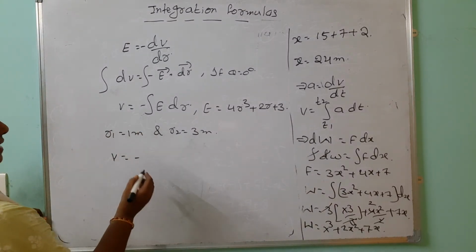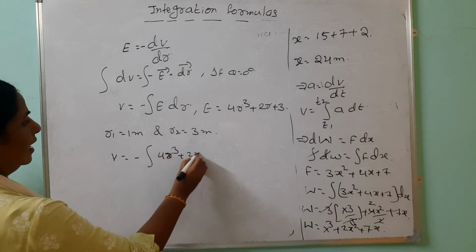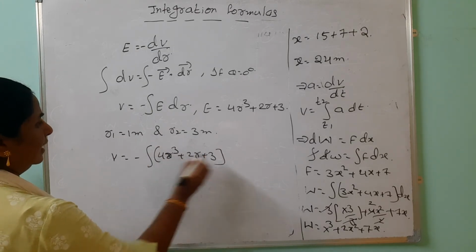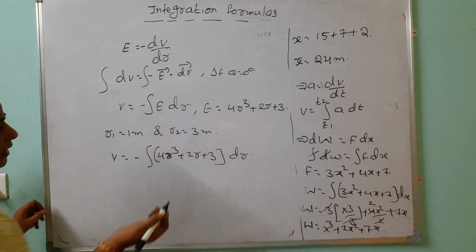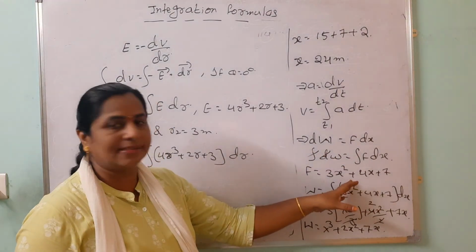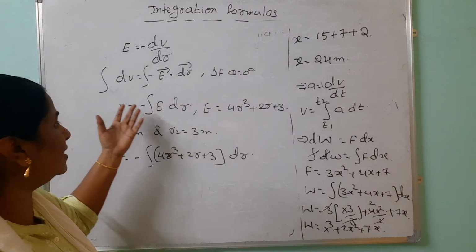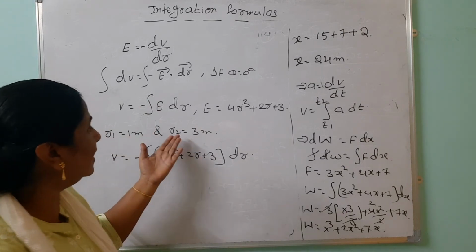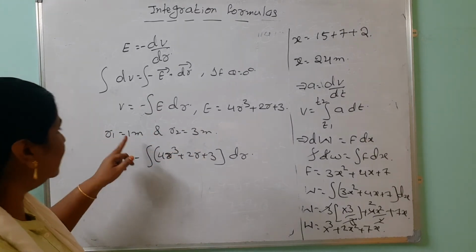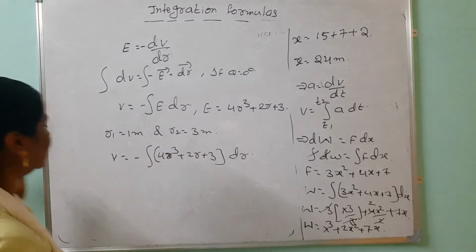We get minus, instead of E, 4r cube plus 2r plus 3 into dr. Same thing, but based on the situation: in terms of work done, the displacement was given. Here also intensity and potential are given, with starting and ending positions r1 and r2. That's why we have taken this as the lower limit and this as the upper limit.